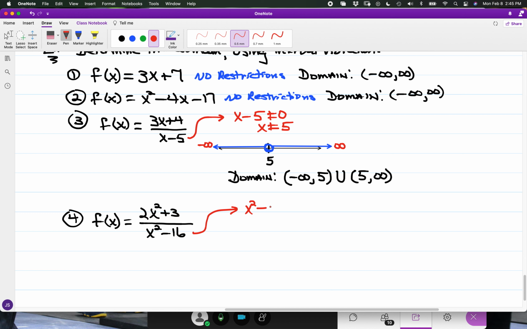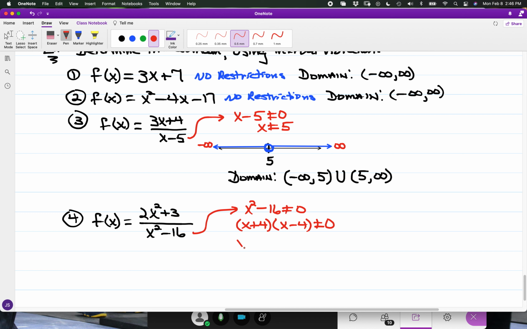So x squared minus 16 cannot be 0. And if that is the case, then anything that forms x squared minus 16, namely its factors, cannot be 0 either.